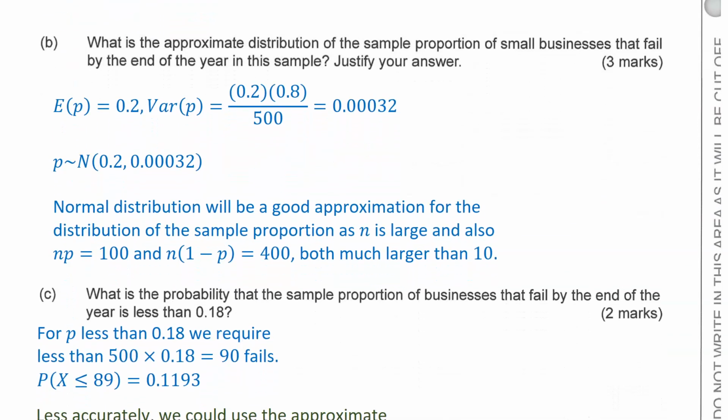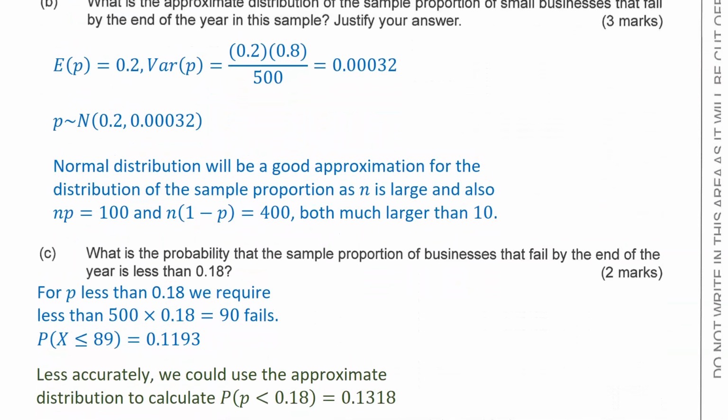So for part C, this one comes up most years, and there's a couple of ways of doing it. What's the probability that the sample proportion of businesses that fail is less than 0.18? We've got 2 possible distributions to use to answer this. The accurate way of doing it is using the binomial one that we used in part A. We just have to work out how many fails we require.